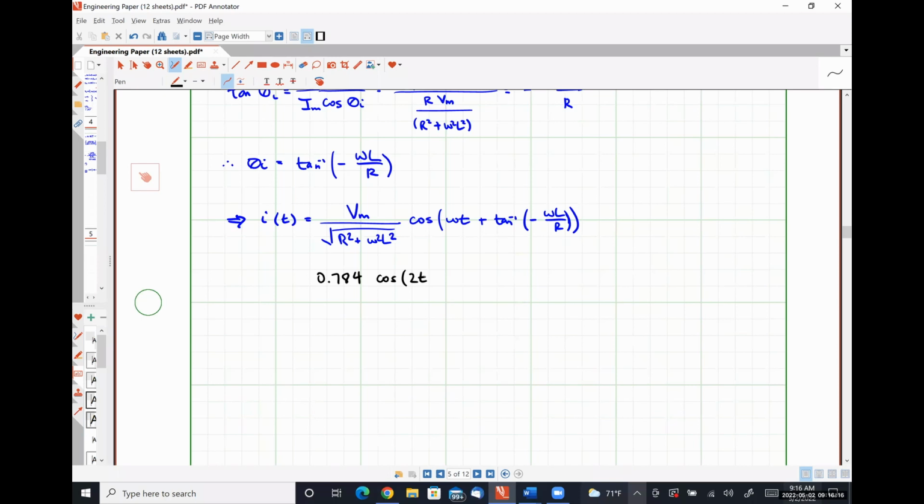I'm going to multiply that by 180 over pi to get it in degrees.